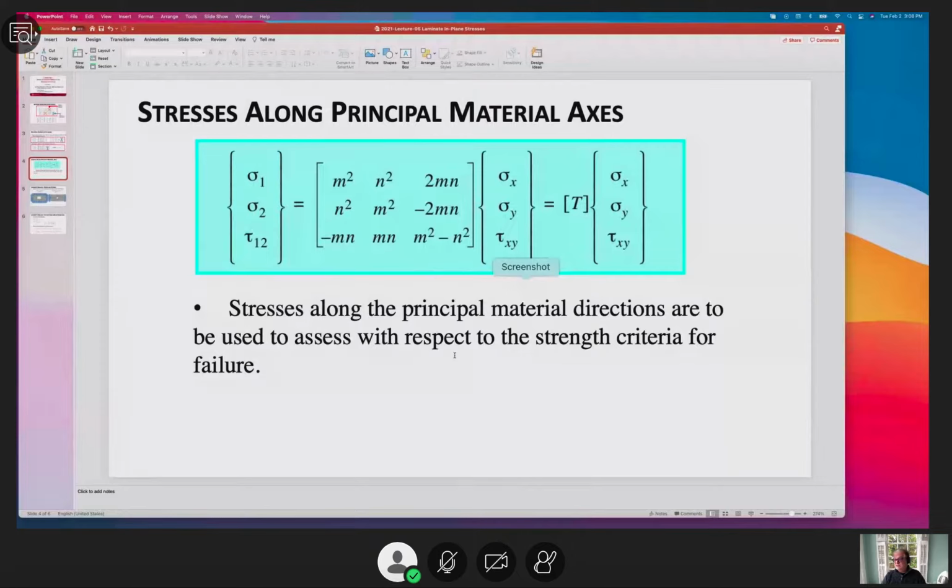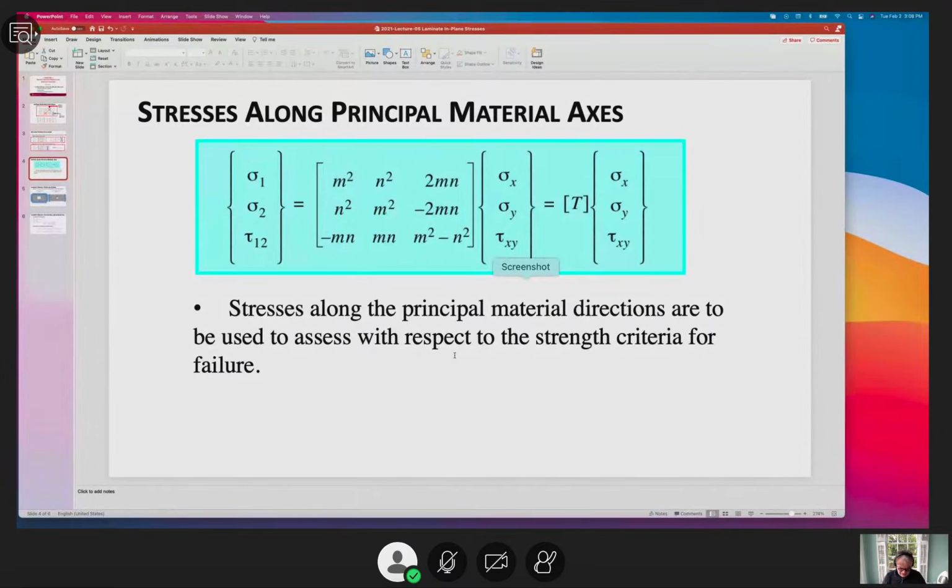If the material was isotropic, we will compute something like principal material direction stresses, but they are actually called principal stresses. So they'll be sigma 1, sigma 2, tau 1, 2, but that's the Mohr circle that will give you the largest normal and largest shear stresses in the domain.